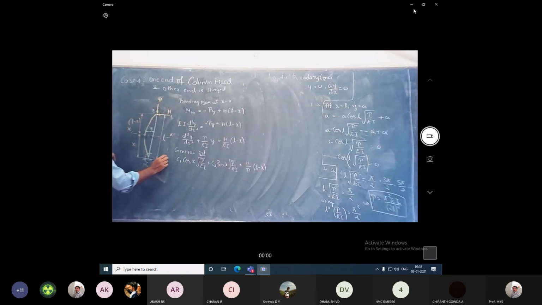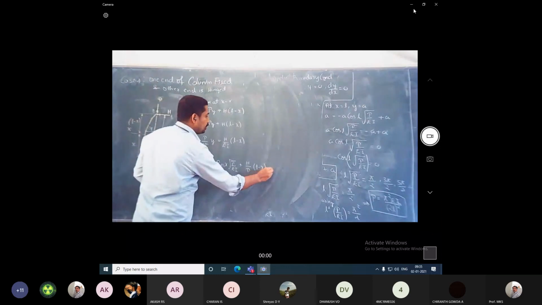That is Y, the equation for deflection. Call this equation 1.